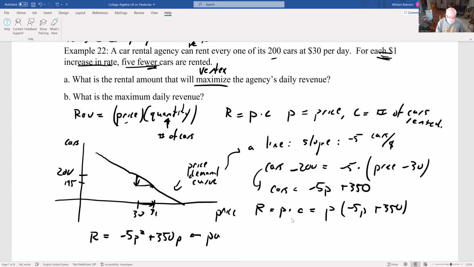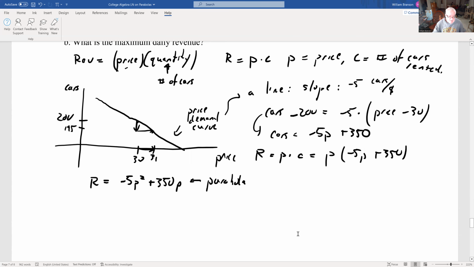It's a parabola. So what's the vertex of this parabola? The x-coordinate is h equals -b over 2a, which is -350 over 2 times -5. So that's 35.